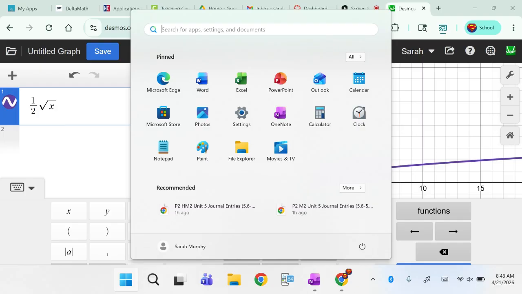Just however many you can fit on the axes. So keep going until you shouldn't be able to go past 10 as your x value because it won't fit on your axis.